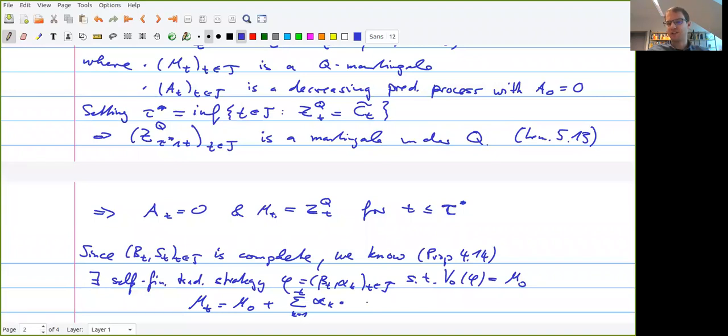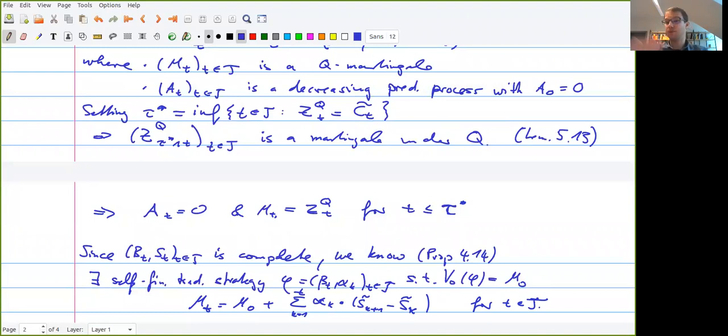Since I want to invest here into the discounted price process, of course, I need only to consider the position in the risky asset, because the risk-free one is normalized to 1 by the discounting. Right?